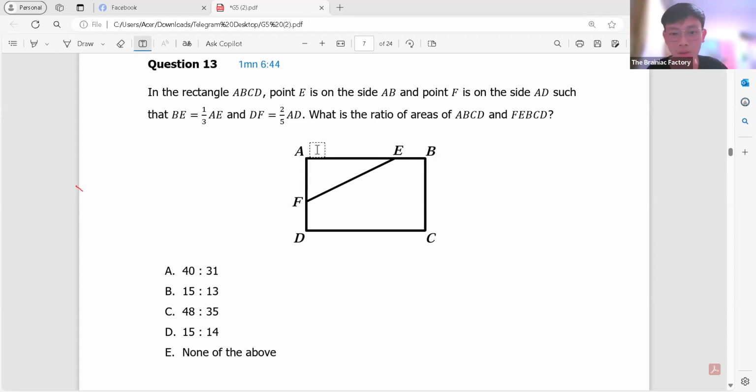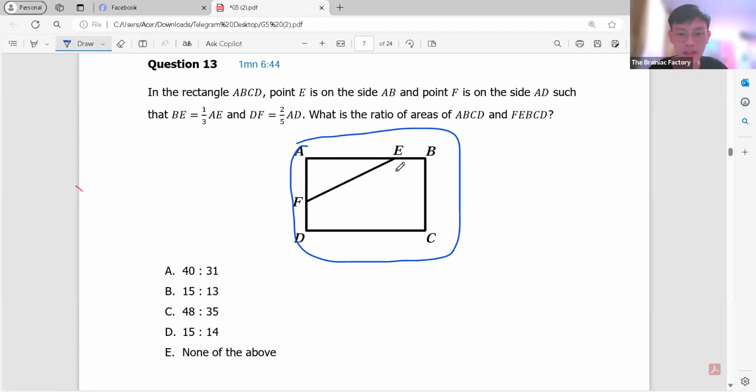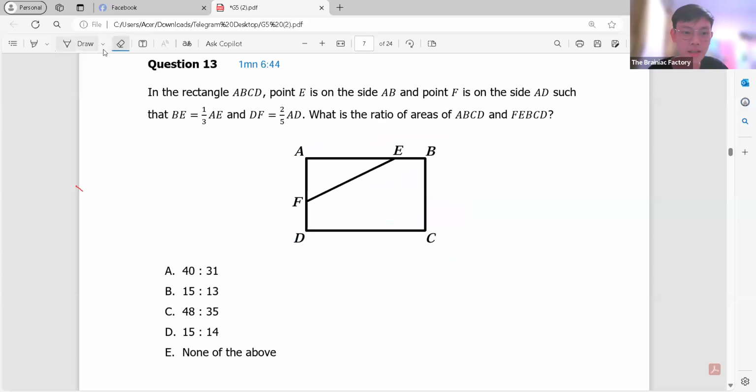What is the ratio of the areas of ABCD and FEBCD? We have ABCD, the whole rectangle, and FEBCD here. So we are going to use these properties, which BE is 1/3 AE.